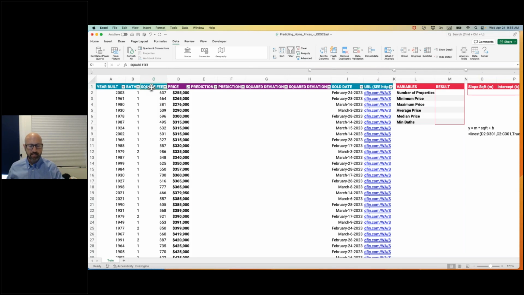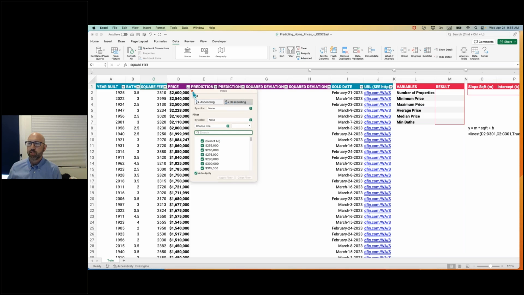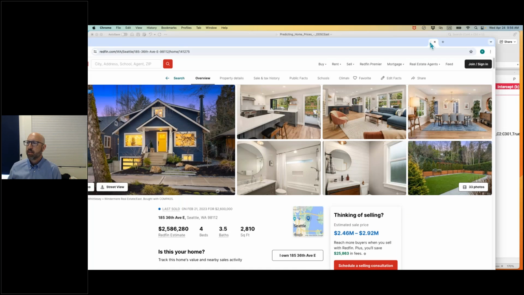So now we have seen the least expensive property. Let's see what the most expensive property is going to look like. Again, I'm going to change the sorting order to descending. And when I do this, now we can see our most expensive property was built in 1925. This property has 3.5 bathrooms, 2,800 square footage, and it sold for $2.6 million. Let's bring the listing here so we can see what that property looks like.